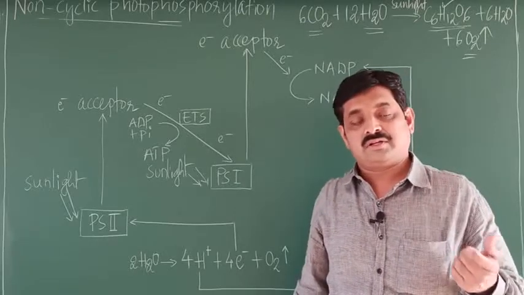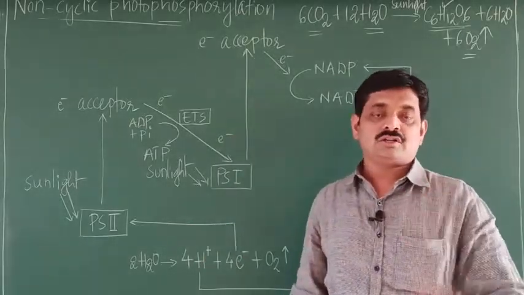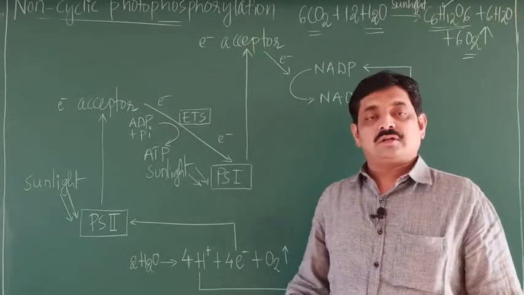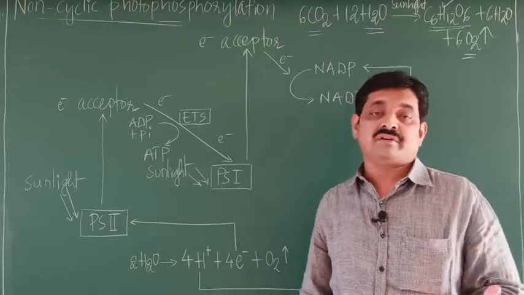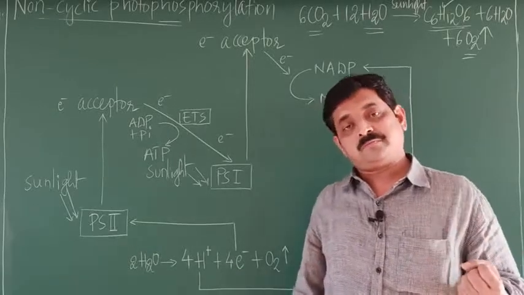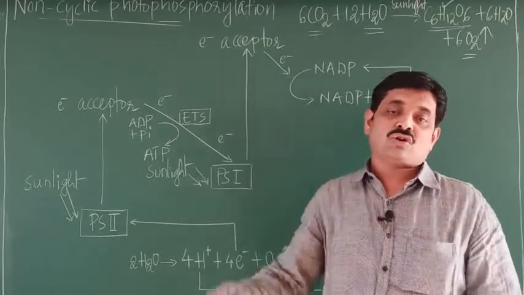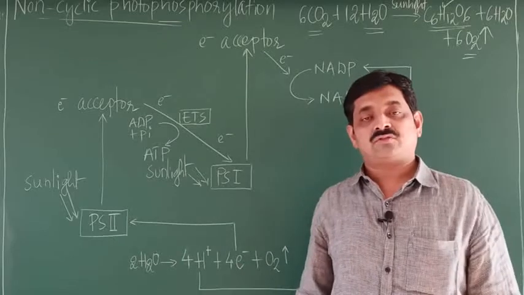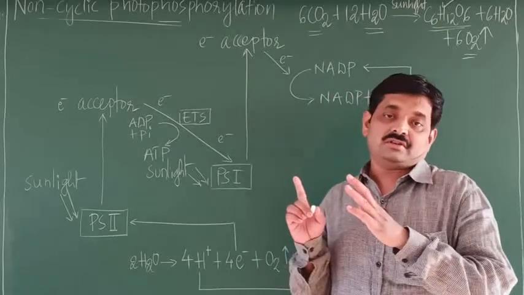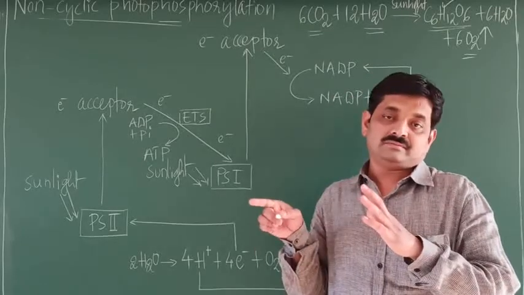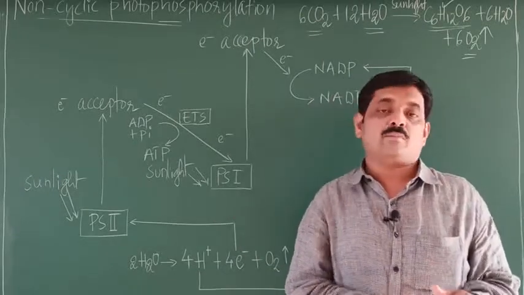photophosphorylation. Now this photophosphorylation is called non-cyclic because electron transfer takes place. Electrons are transferred during this process. These electrons are transported by electron carriers, and when they are transported with the help of electron carriers, they don't come back to the starting point.